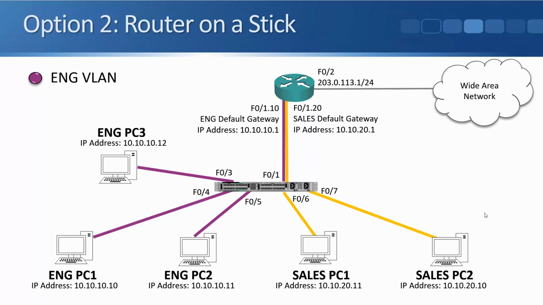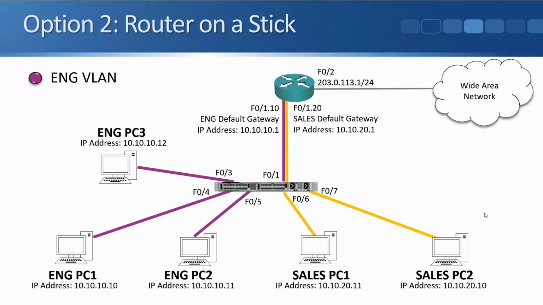Going down from the router to the switch, there's actually just one physical interface and one physical cable. The physical interface we're using on the router is interface fast0/1 here. So we configure that interface with no IP address, but we do a no shutdown on it to bring the interface up.